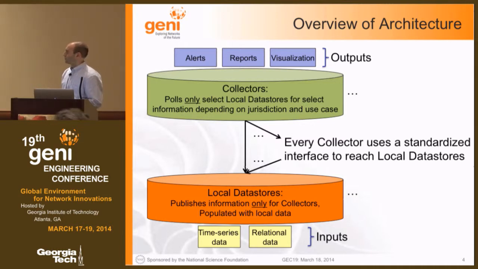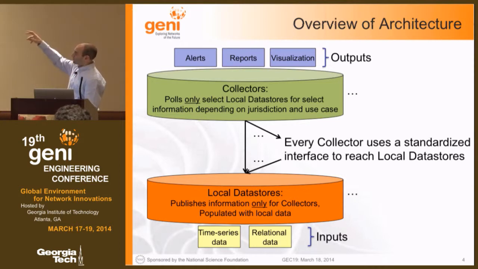Right now we have a limited deployment, and I'll get into some of that in detail in a minute, but there'll be multiple local data stores and multiple collectors. The point is that your local data store and your aggregate will have data that will be accessible to all collectors for different purposes.